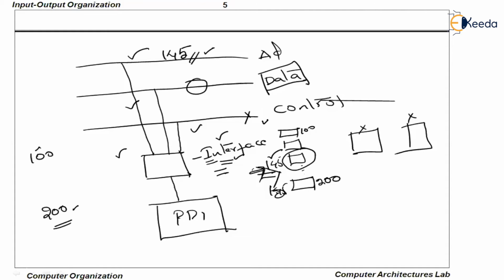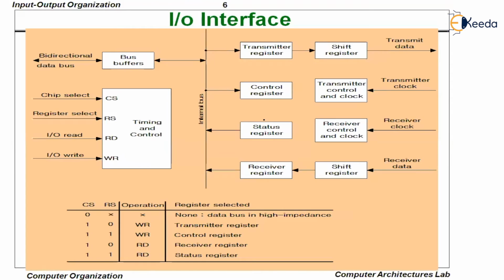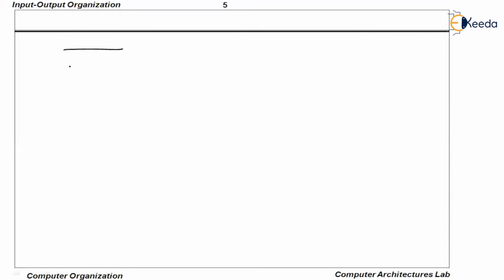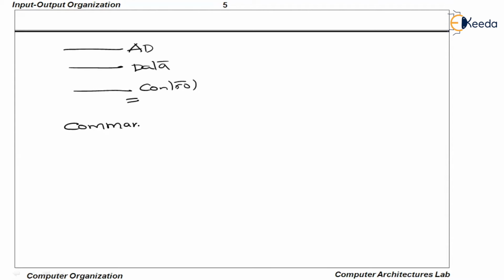What is this control line? Let me show you what the control line is. Address, data, and control. This control line will carry some commands. What could be these commands? These commands could be 4 in type. The first one is a control command.